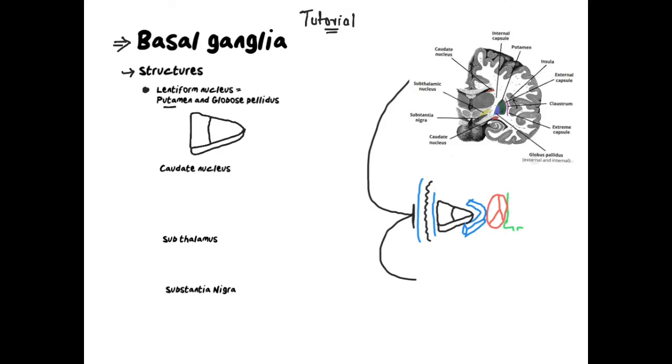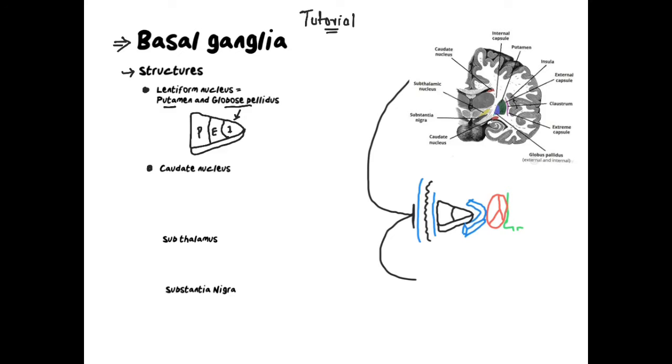One is putamen here, and the other one is globus pallidus. This one is globus pallidus. Now, the globus pallidus is further divided into globus pallidus interna and globus pallidus externa, right?